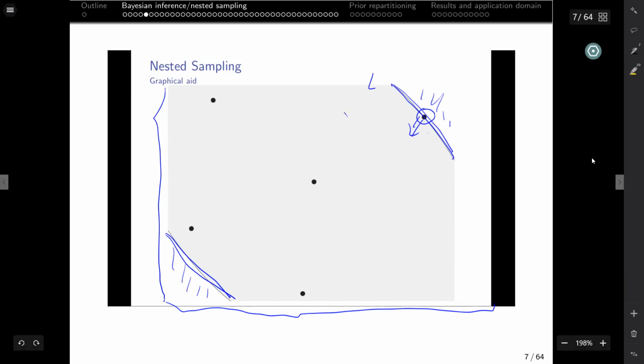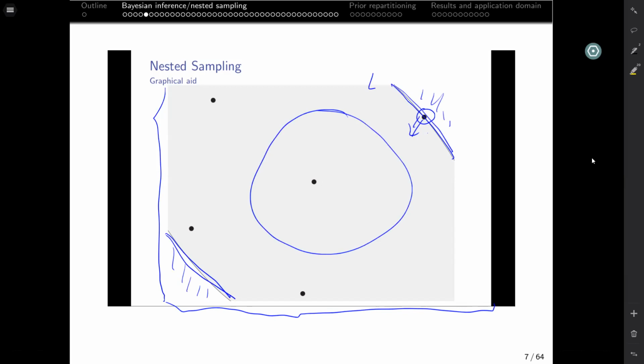That means the points in the gray areas should have a likelihood higher than that point, and these 2 regions. So in this example, it's quite simple, but in realistic problems, it is not always that perfect. So we might have 2 regions or 3 regions because there might be low likelihood areas around these regions. That's possible.